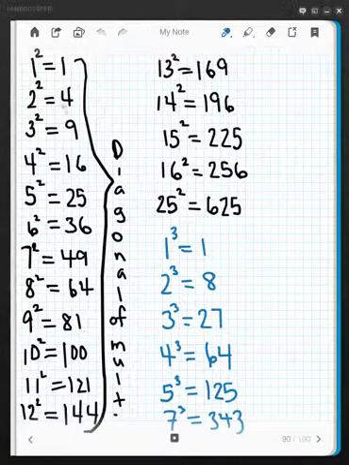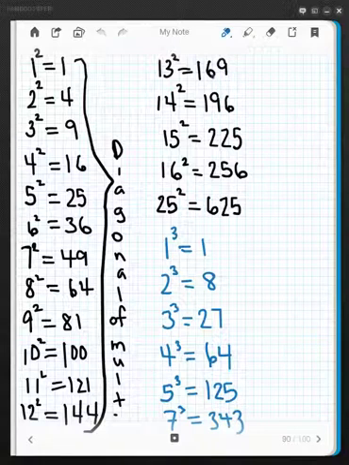1 squared 1, 2 squared 4, 3 squared 9, 4 squared 16, 5 squared 25, 6 squared 36, 7 squared 49, 8 squared 64, 9 squared 81, 10 squared 100, 11 squared 121, 12 squared 144. 13 squared 169, 14 squared 196.